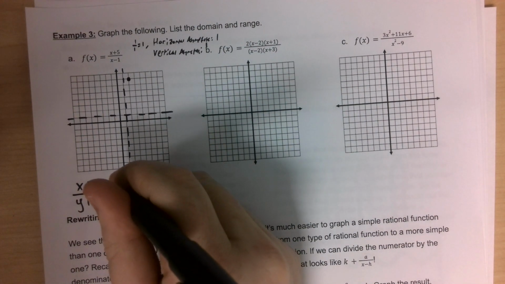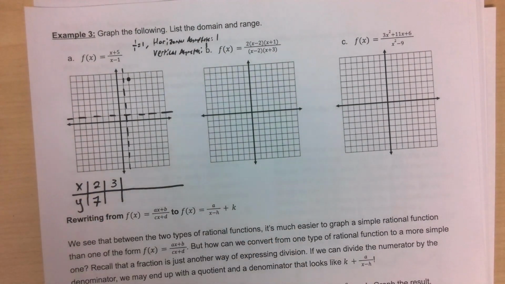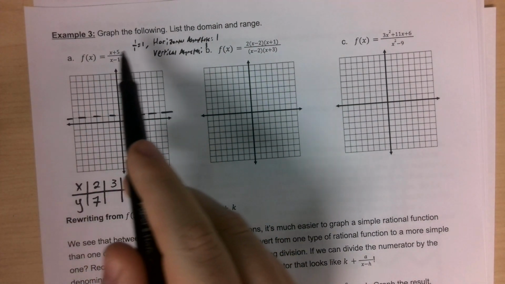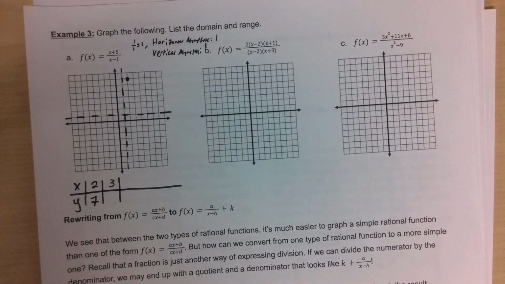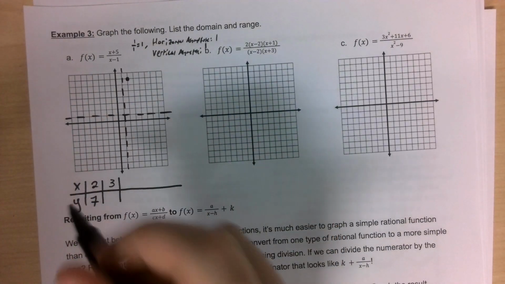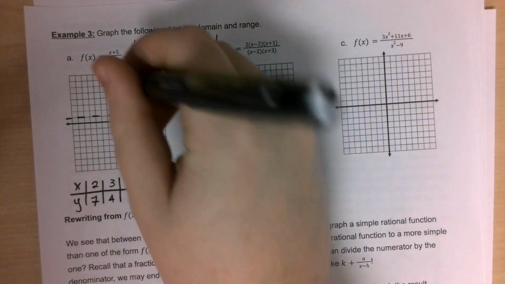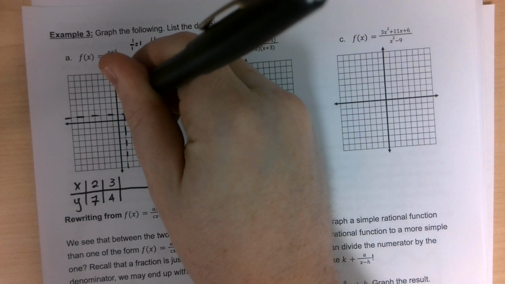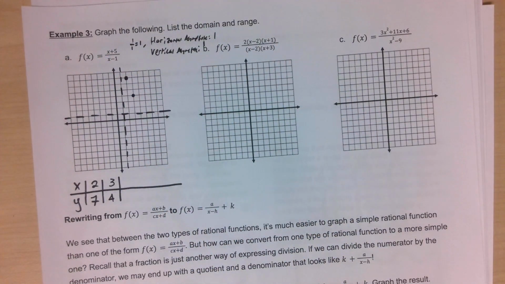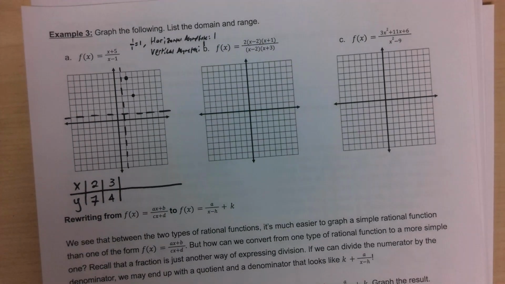Another point we could try is 3. So if we plug in 3 here, 3 plus 5 is 8, divided by 3 minus 1, which is 2. 8 divided by 2 is 4. So we know that at x equals 3, our graph is going to be at 4. If at this point you want to add in another point, just to make sure you've got it in the right spot, you can.